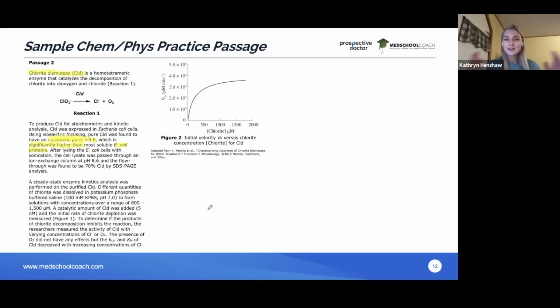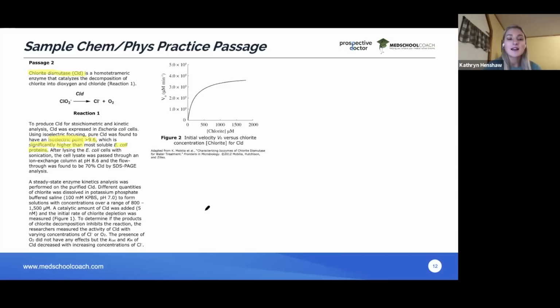Okay, so for this, as a person who has been studying for the MCAT for quite a while now, I know that they're going to prompt me to recall some of my content knowledge. Here, we see a lot of things that we should know from our content base, such as ion exchange column. That's one of those methods that we could use to purify something, like a chromatography assay.